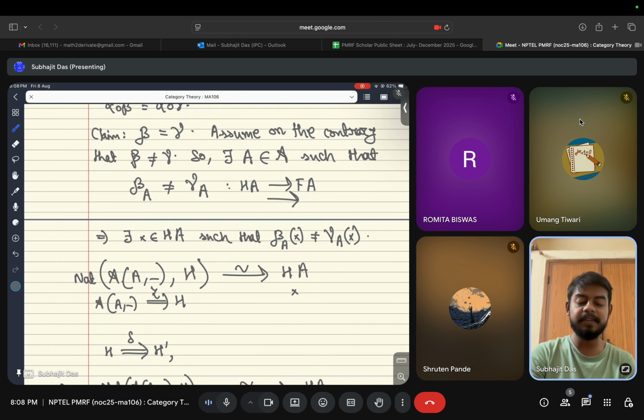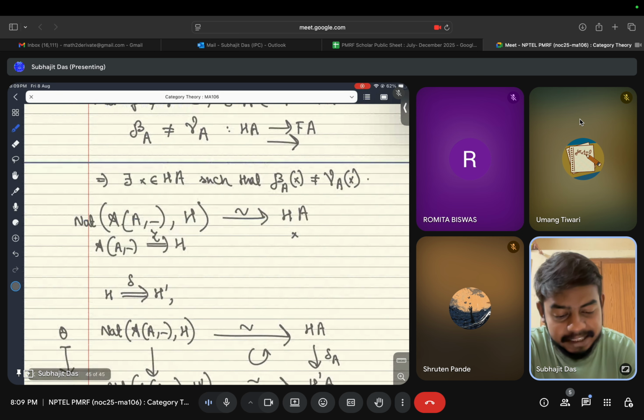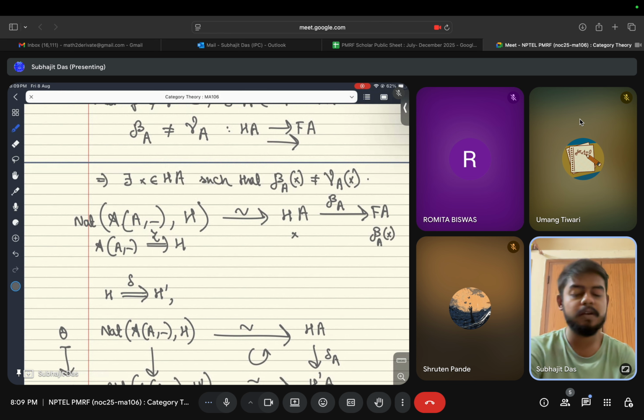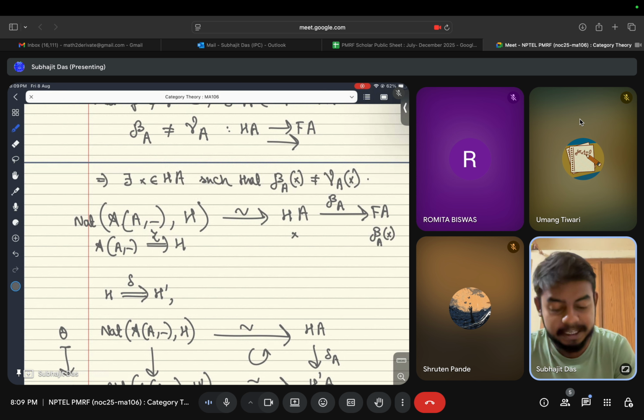Yeah. So tell me, if zeta corresponds to an element x in HA, and if you apply the map beta A on that, so to FA you take beta A, so x goes to beta A x. So beta A x is an element of FA, so that should be given by some natural transformation, right?